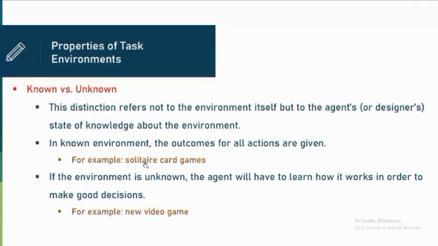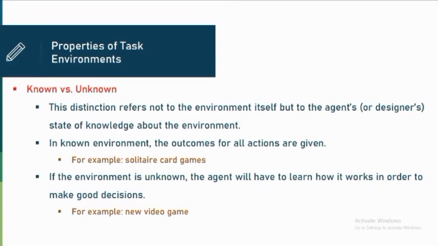The things are going to be fixed. The agent knows what to perform, or is aware of the environment when he plays. But if the environment is unknown, the agent will have to learn how it works in order to make good decisions. For example, a new video game. When you download and install a new video game for the first time, you may or may not be aware of how to play the game.